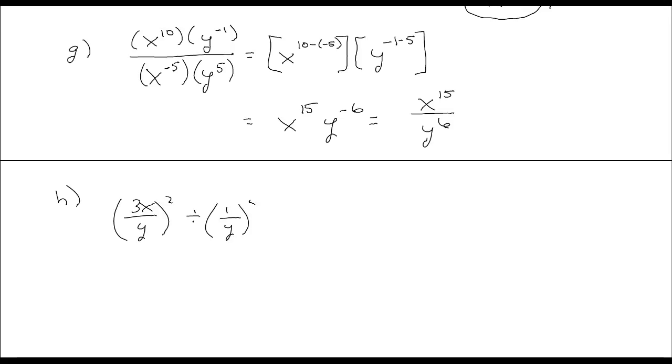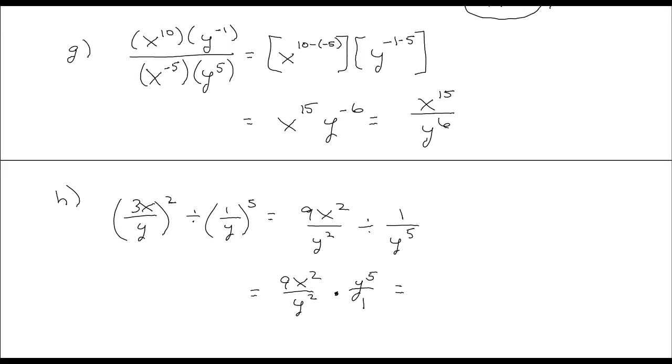If I apply these exponents to everything, 3 squared is 9, x squared over y squared, divided by 1 to the 5th power over y to the 5th. 1 to any power is 1. So this is 9x squared over y squared. To divide by a fraction is to multiply by its reciprocal.